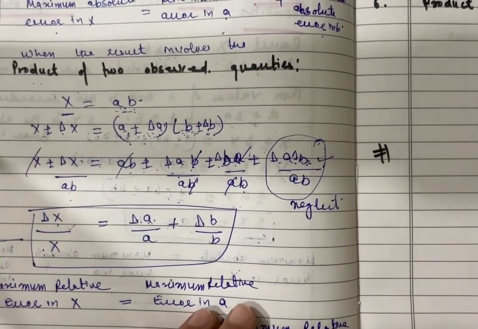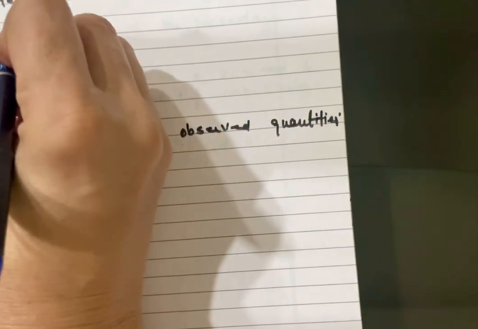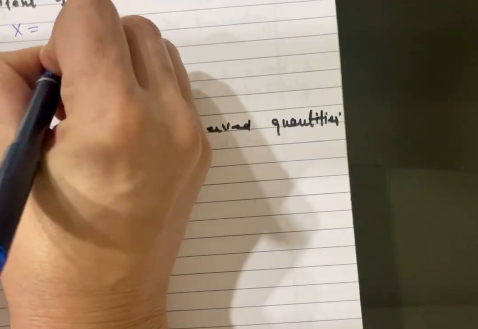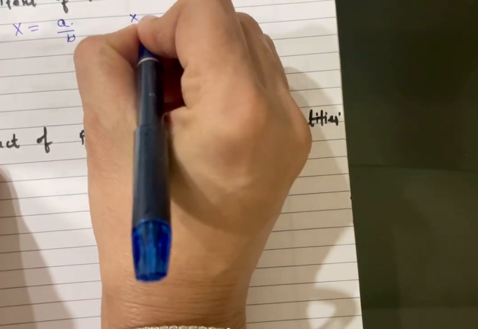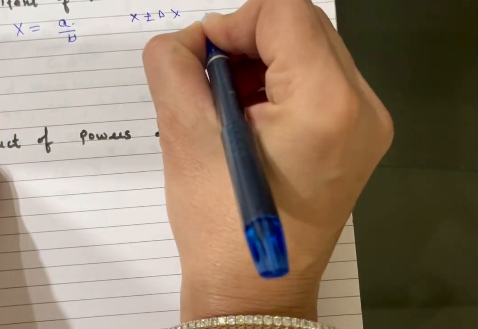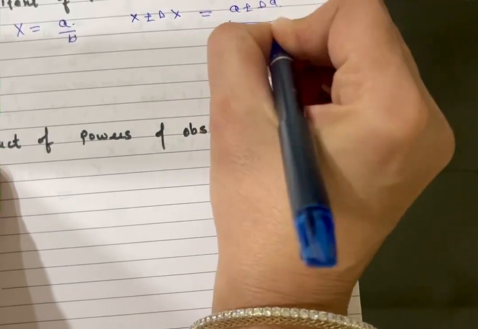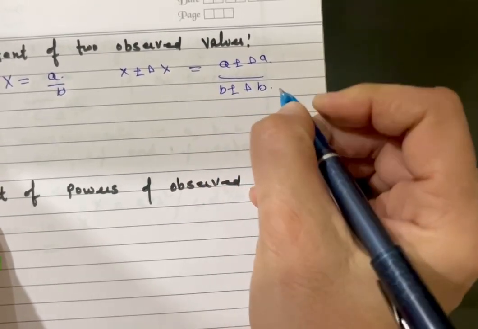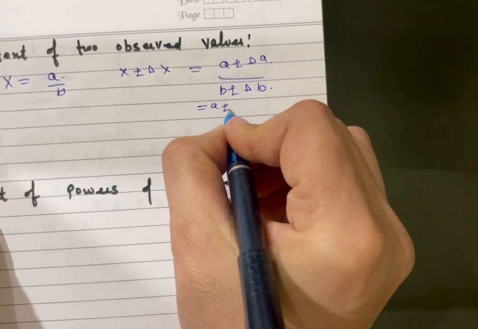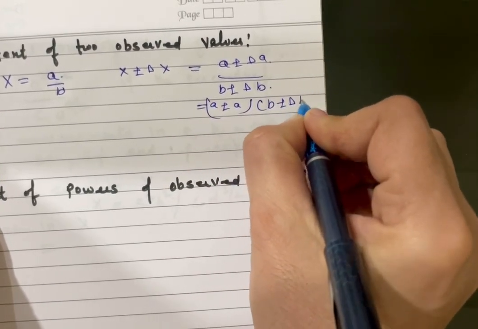two observed quantities. Then about the quotient, which means division. When x is equal to a over b, you can solve this like this: x plus delta x is equal to a plus delta a over b plus minus delta b, and we get a plus minus delta a into b plus minus delta b to the power minus 1.